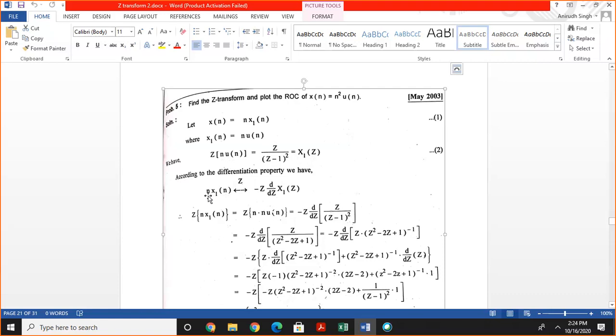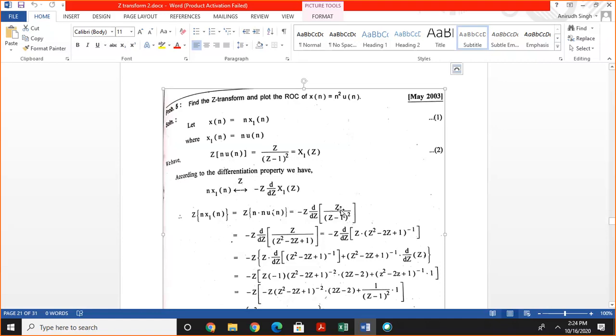And we know that according to the differentiation property, if we take the z transform of n x1(n), then we get the differentiation of X1(z) multiplied by minus z. Here X1(z) is the z transform of x1(n).